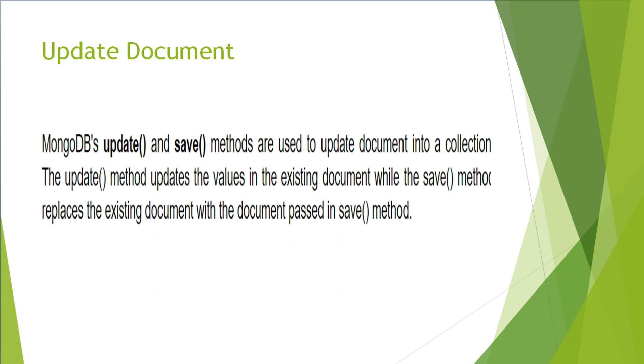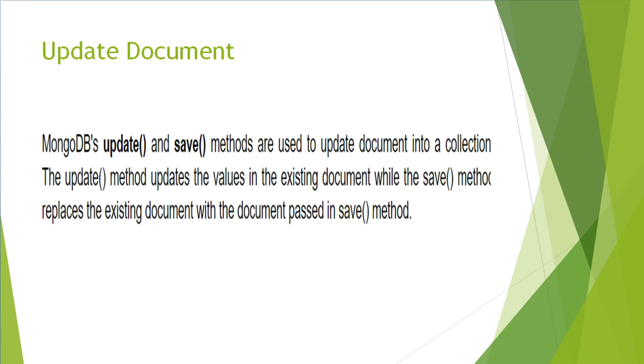Meaning, suppose we have 10 documents in a particular collection and we want to update, then update will simply update the value in the existing document. But save will replace the current document with the new one that is passed. We will be discussing all these things in our intermediate level of MongoDB.